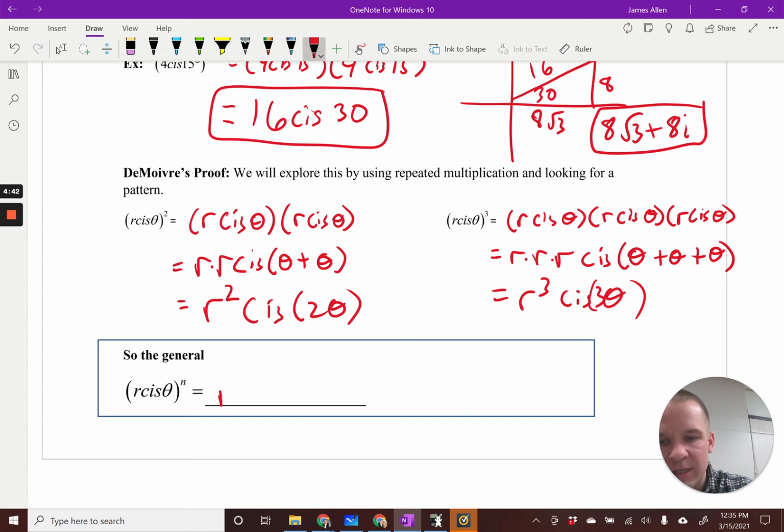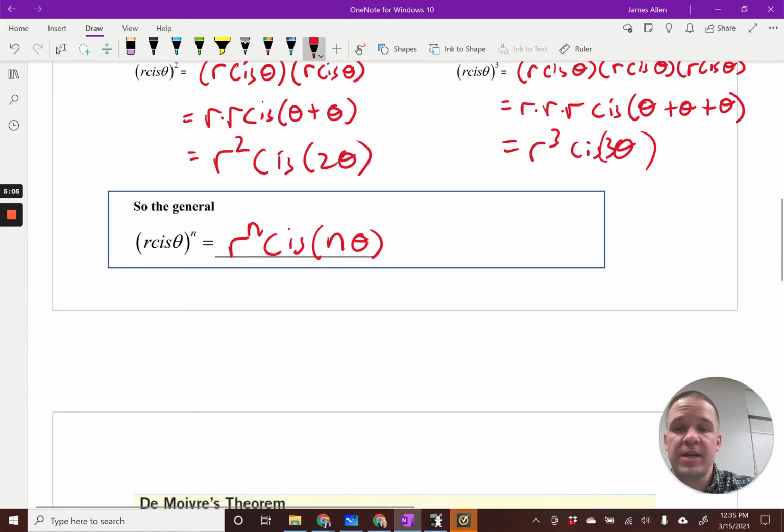In general, what we can say is r to the nth power cis n theta. That's r to the nth power cis n times theta.